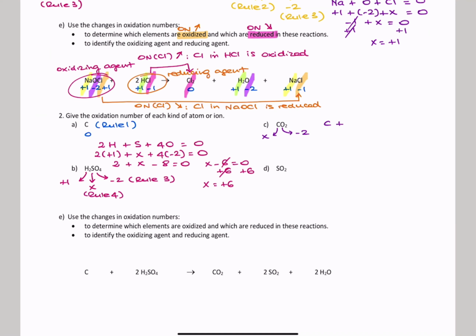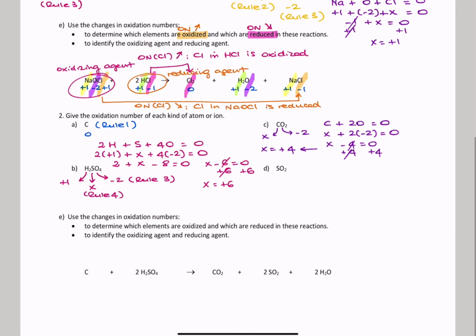Therefore, C plus 2 times O equals 0. Oxidation number of C is unknown, X. Oxidation number of O is -2, so 2 times -2. X minus 4 equals 0. Add plus 4 on each side, and you get that the oxidation number of C in carbon dioxide is plus 4. Then we have sulfur dioxide.